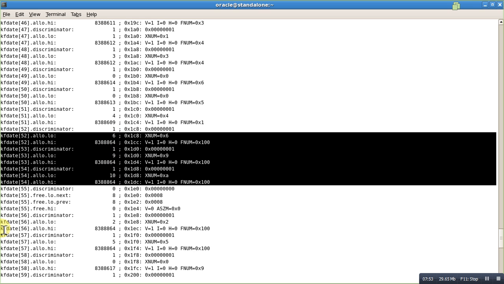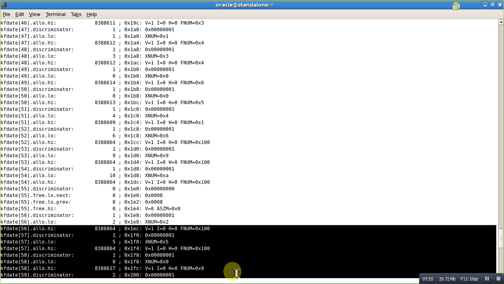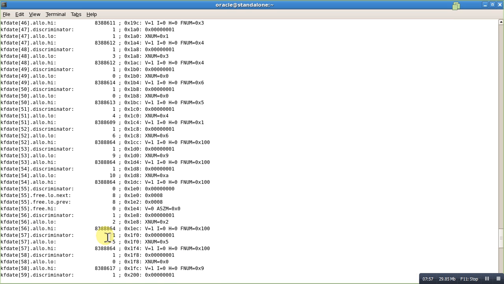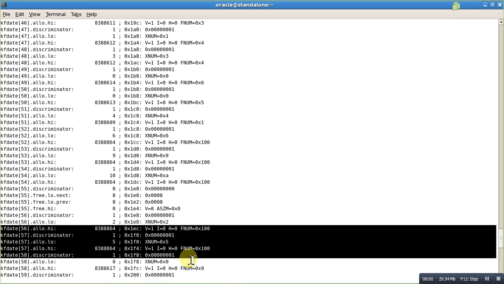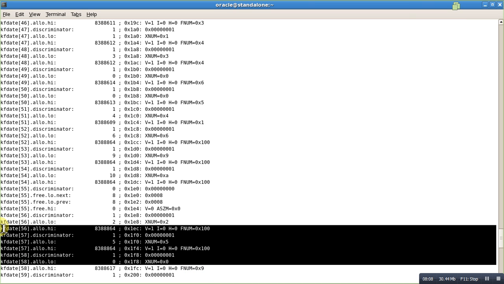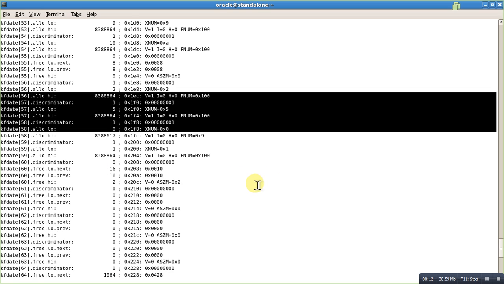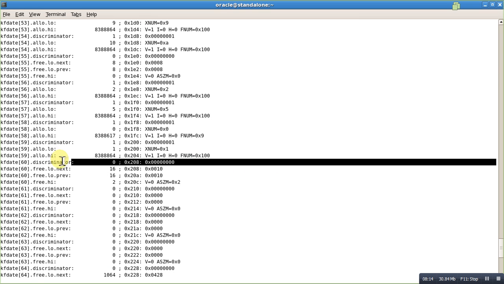And similarly, two more allocation units, allocation unit 56 and allocation unit 57, are also allocated for storing the file number 256. And one more, allocation unit 59.